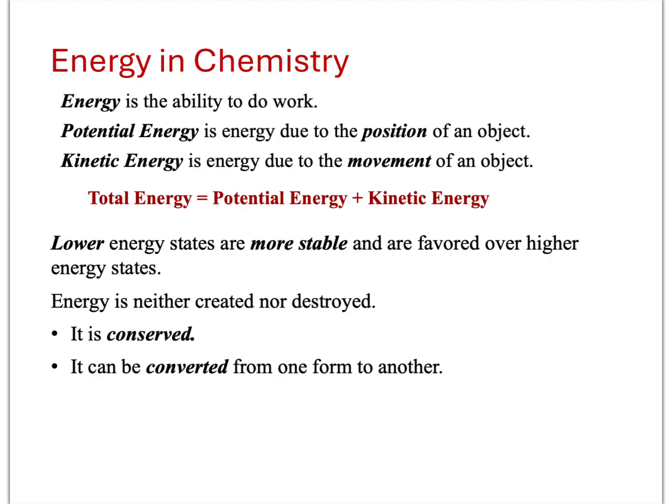For energy, the basic unit you do need to know is the joule, and the abbreviation is J. Also, we have the calorie, which is also a unit for energy.